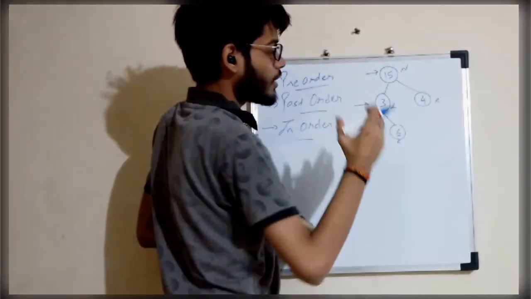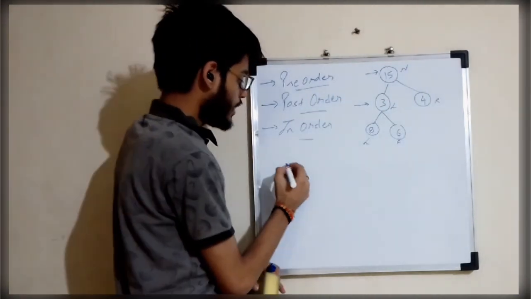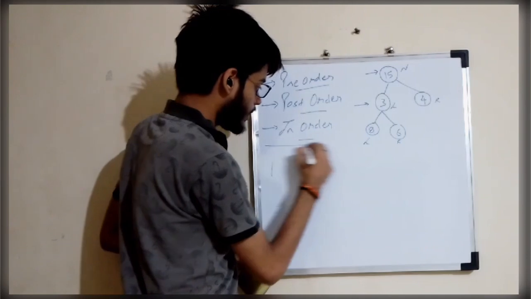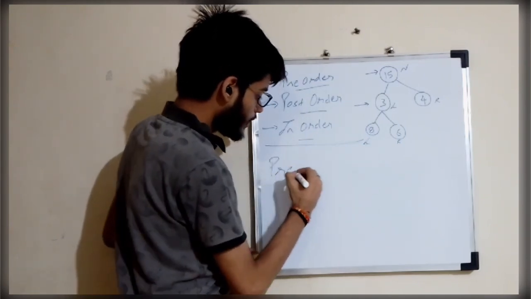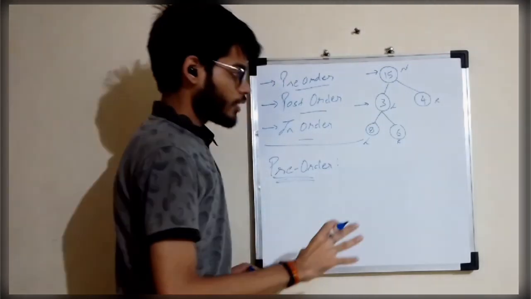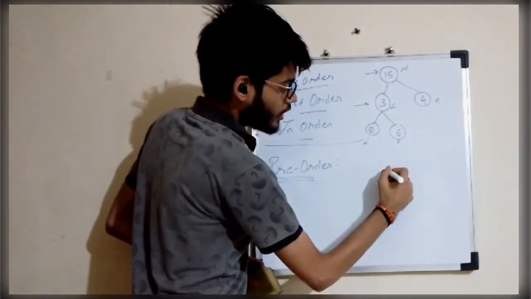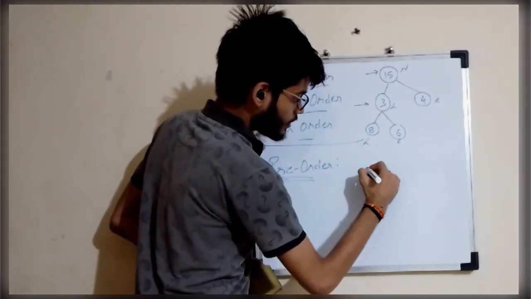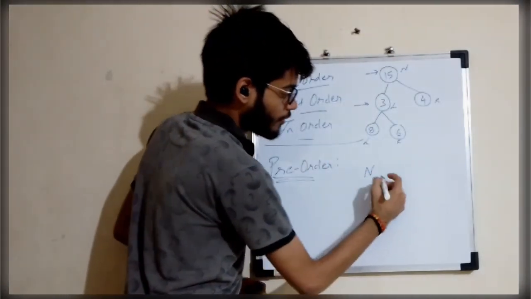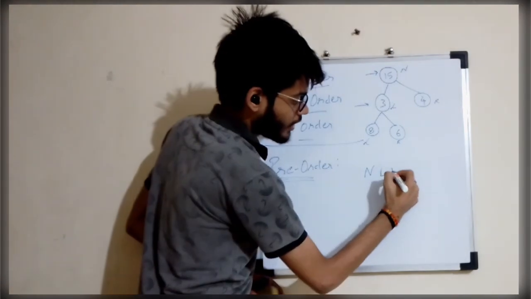What I mean by context of a node is what happens in a pre-order traversal. Let me write over here. In pre-order, the node comes pre. The word pre means before, so the node comes before, and then we have the left and the right.